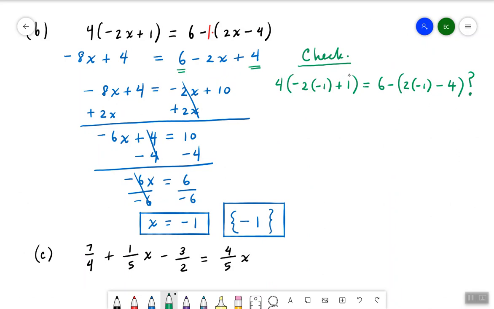Inside the big parentheses here, we have some smaller parentheses that say negative 1 times negative 2, which is positive 2, and then plus 1 gets multiplied by 4. 2 plus 1 is 3 times 4, or 12. On the other side, the first thing we need to do is multiply 2 times negative 1 and get negative 2.